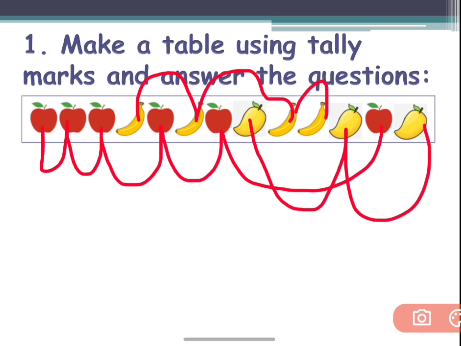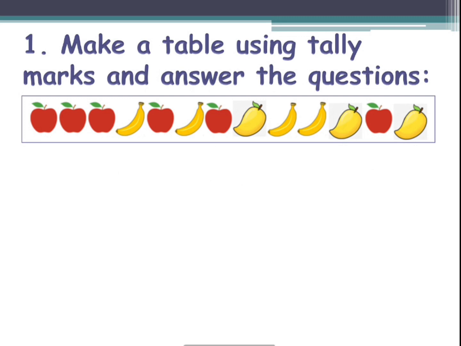Here only a few fruits are there. Think that there are 50 fruits, a mixture of pineapple, apple, banana, mango, oranges all together. Then to sort them, to tell how many are there, which fruit is less, which fruit is more, that becomes difficult, isn't it? That's why we'll make the table.